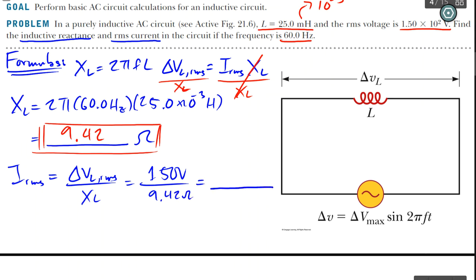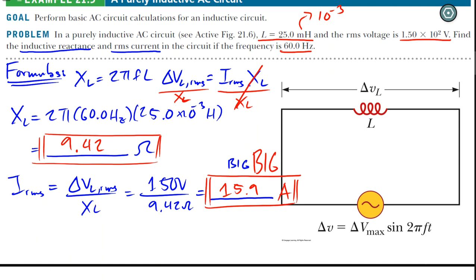So I expect this number to be relatively big. Okay, so trying that out, I get, wow, look at that. Oh my gosh. 15.9 amps. That is a lot of juice flowing through. That is definitely a big current. Okay, make sure your units are right.